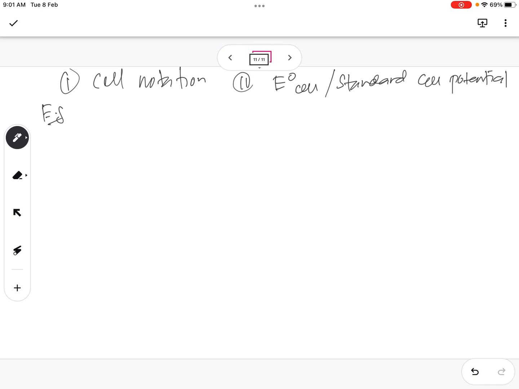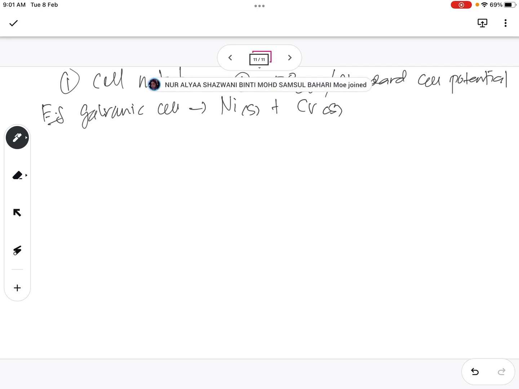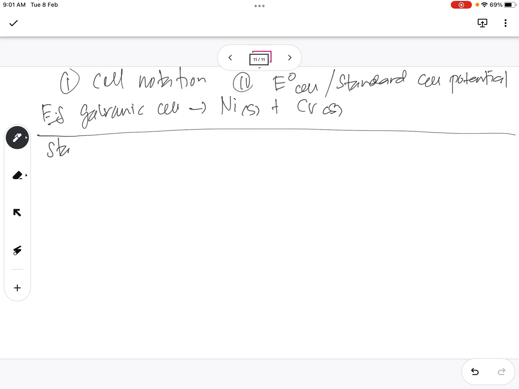So in this example, I'm going to talk about a galvanic cell made up of two metals. One is nickel and the other one is chromium. Okay, nickel and chromium. So step number one, please go to your standard reduction potential table.